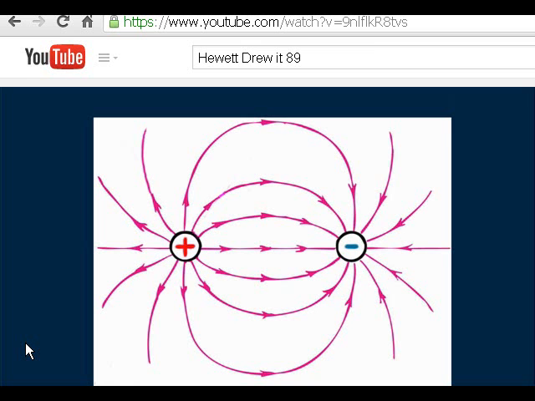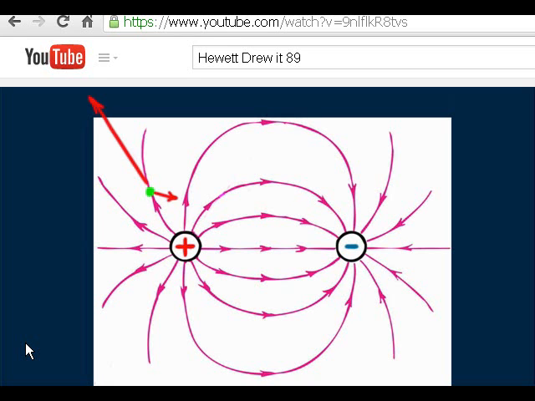For example, consider the field at this point, where I place a green dot. A positive test charge here would feel a repelling force from the positive charge and an attractive force toward the negative charge. At this point, here's the force vector due to the positive charge. Here's the force vector showing attraction to the negative charge.